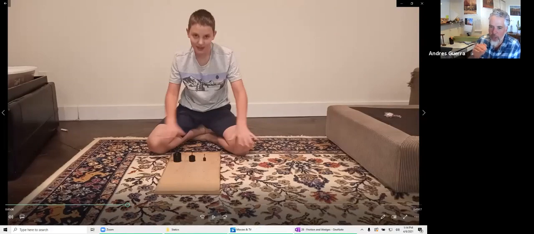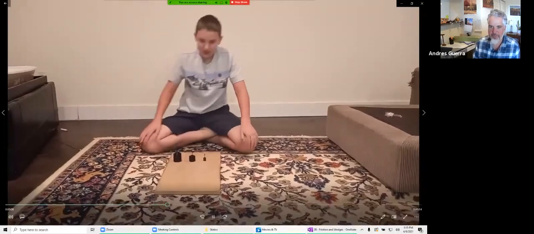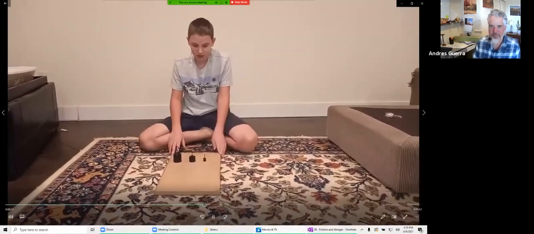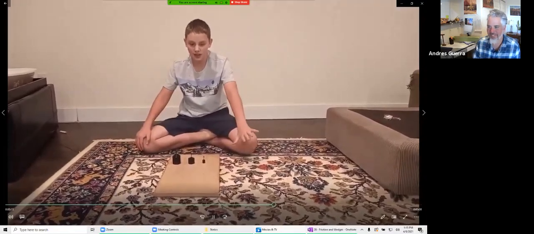It's just which one is going to move first as he raises the angle of that incline. So A is the small one, B is medium, and C is big. We're going to see which one starts moving first. Are you ready? Get your votes in.